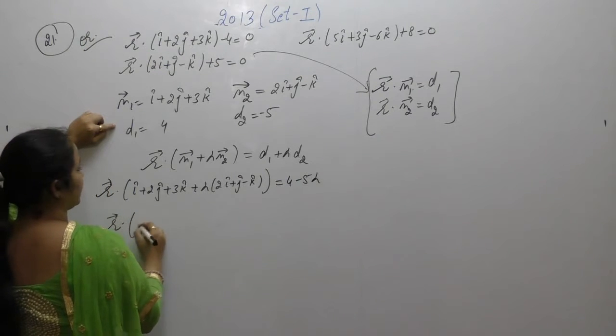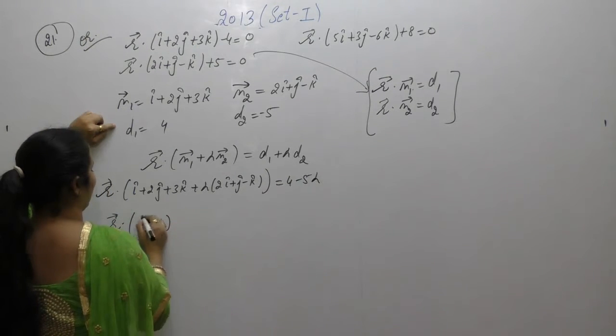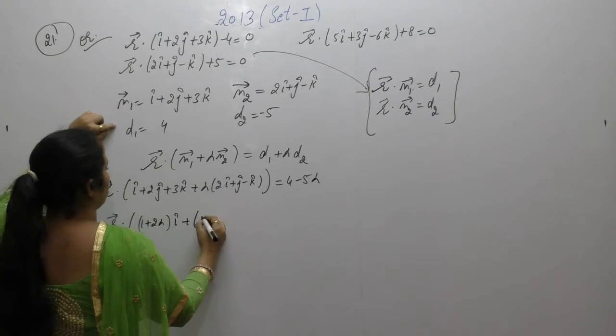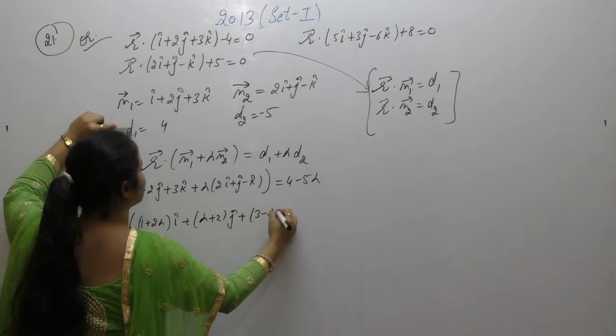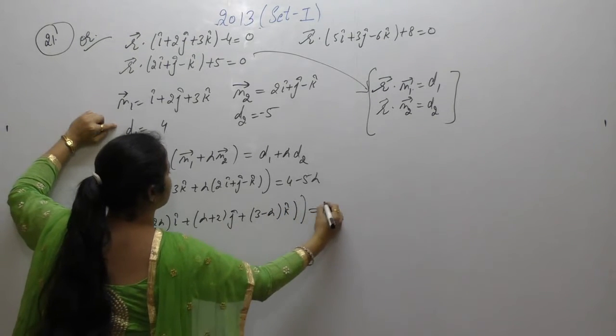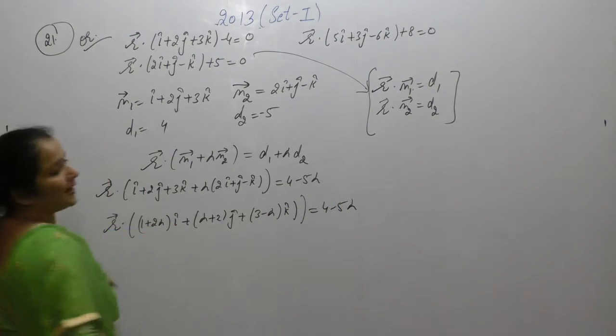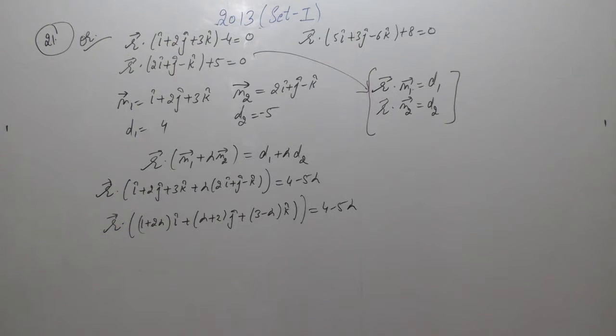So r vector dot ((1 plus 2 lambda) i cap plus (2 plus lambda) j cap plus (3 minus lambda) k cap) equals 4 minus 5 lambda.